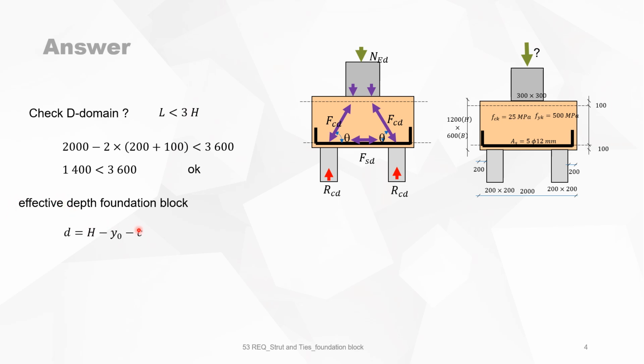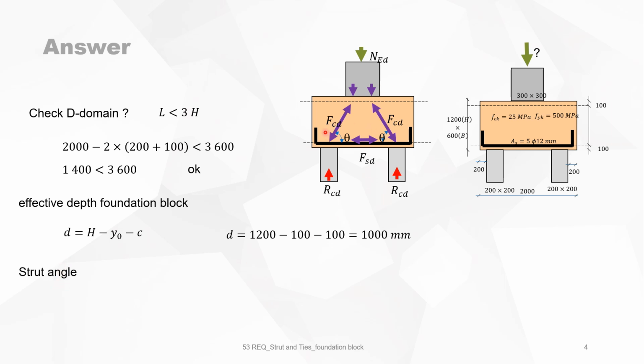The effective depth of the foundation block, which is this distance, is H, total depth, minus Y0 and minus C. So which is 1000 millimeters.